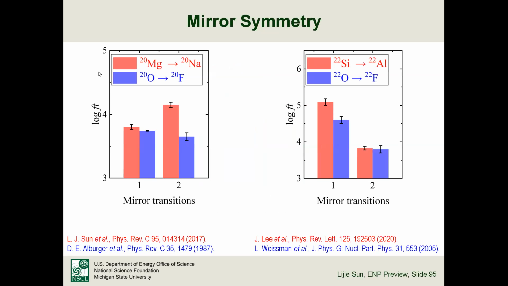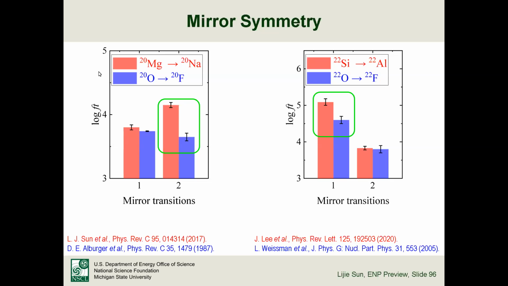Then we also have magnesium-20 and silicon-22 compared with their mirror nuclei. Here highlighted, there are also some degrees of mirror asymmetry observed for the nearby nuclides.